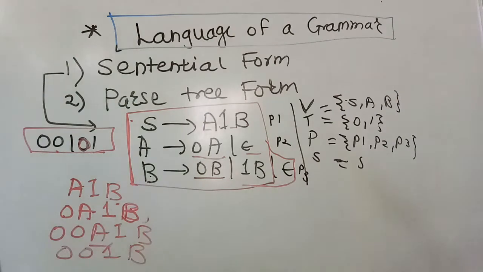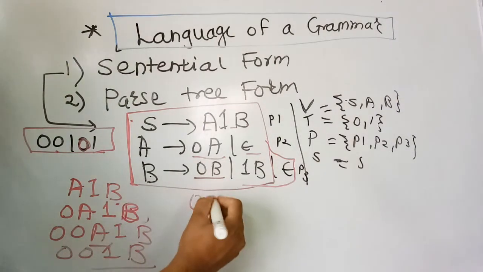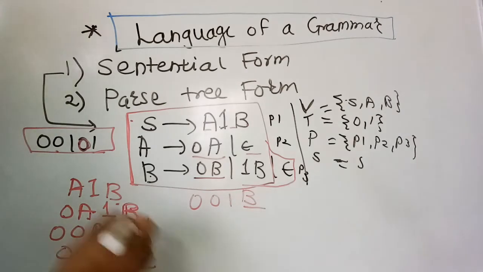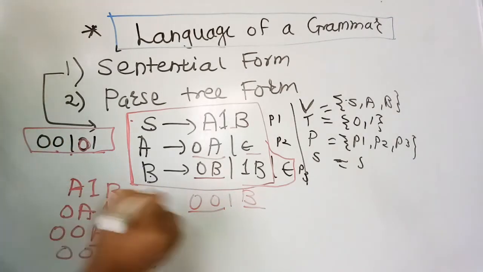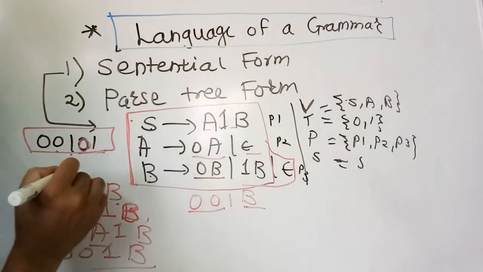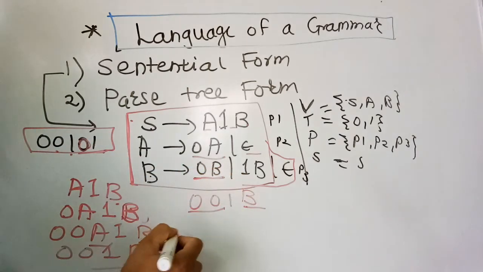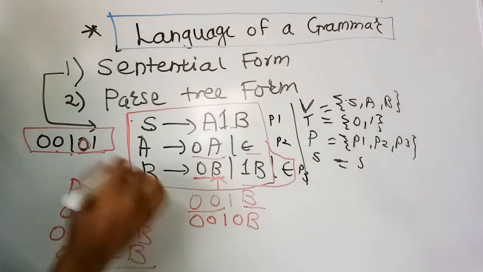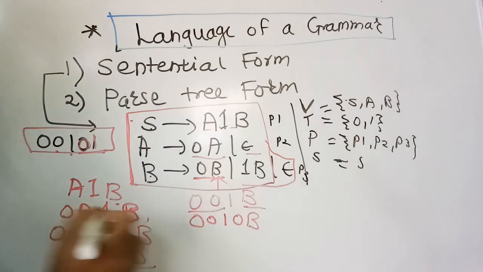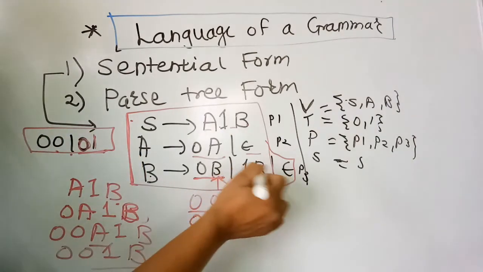Now, what is the next replacement? To replace in 001B, now it is the turn for B. Here, the zeros are covered. 1 is there. You have to only cover the 01. How is 01 covered? Suppose you replace B with 0B. So 0010B. Again you have to acquire the 1. Then again B has the production 1B.